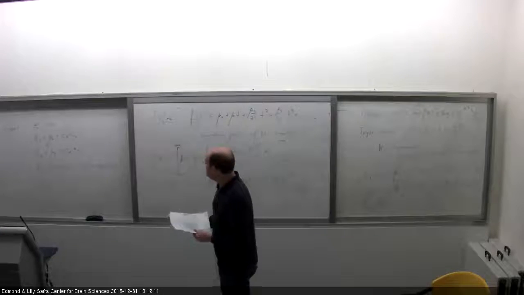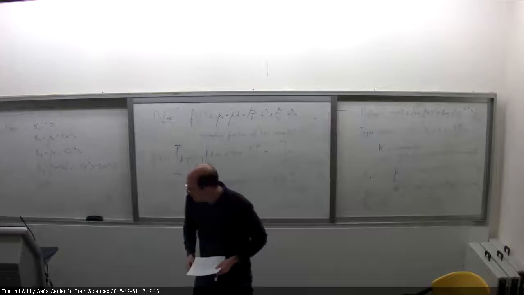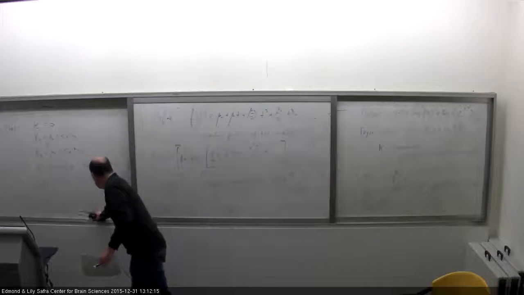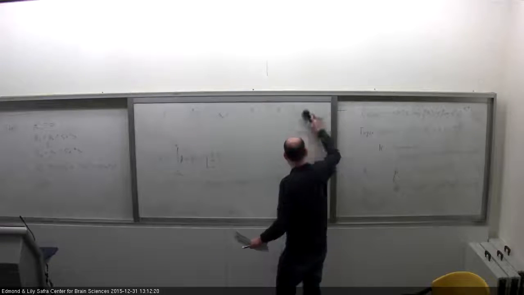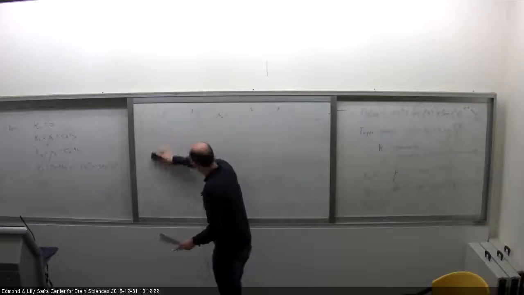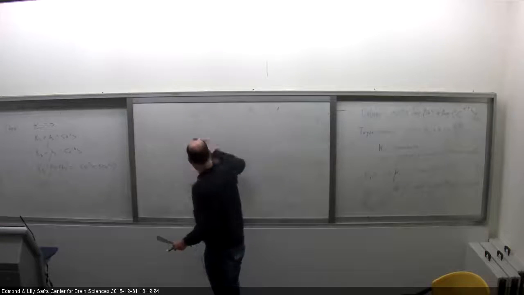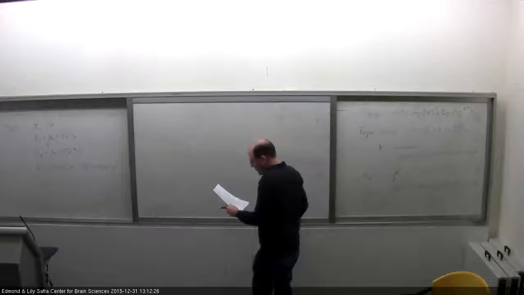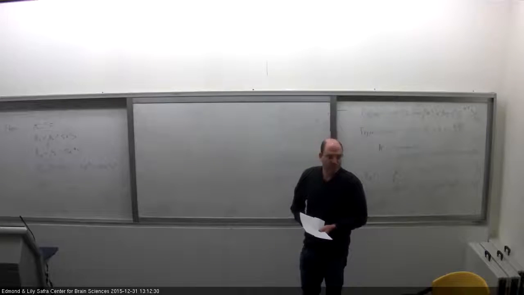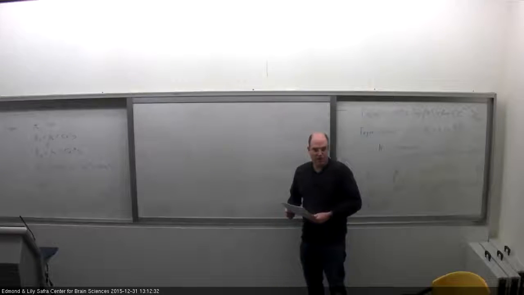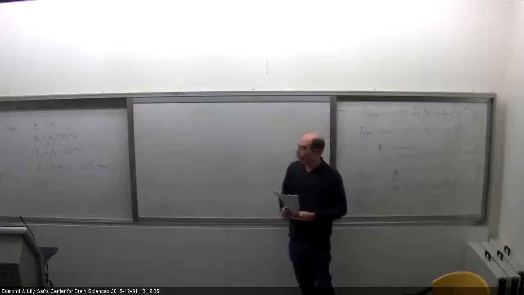Okay, now what is the significance of all this? Why is all this interesting? So one of the main reasons why this is interesting is that it turns out that for a Gaussian distribution, all the cumulants except for the first and second are 0. Okay?